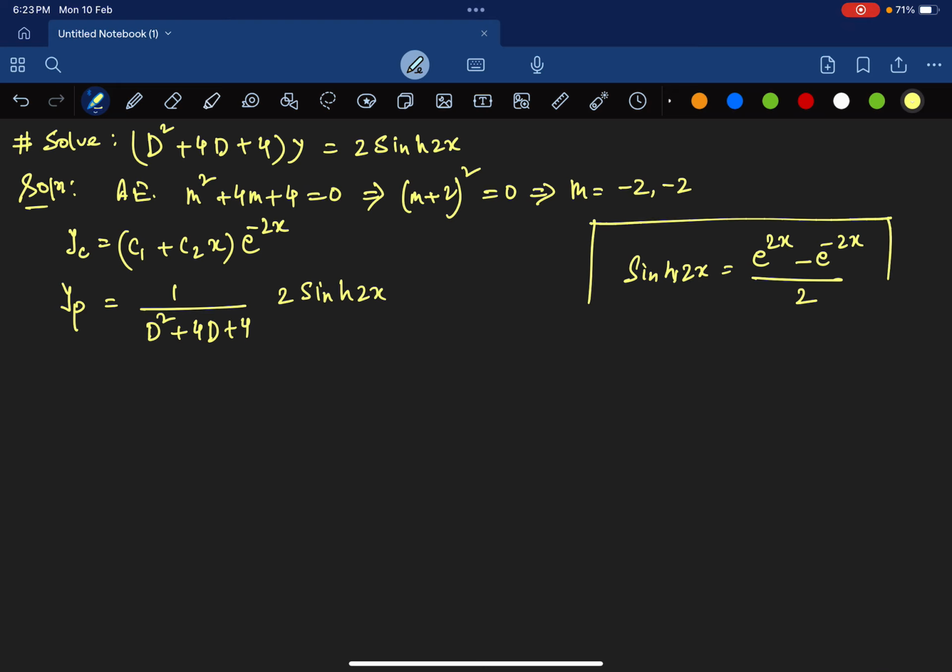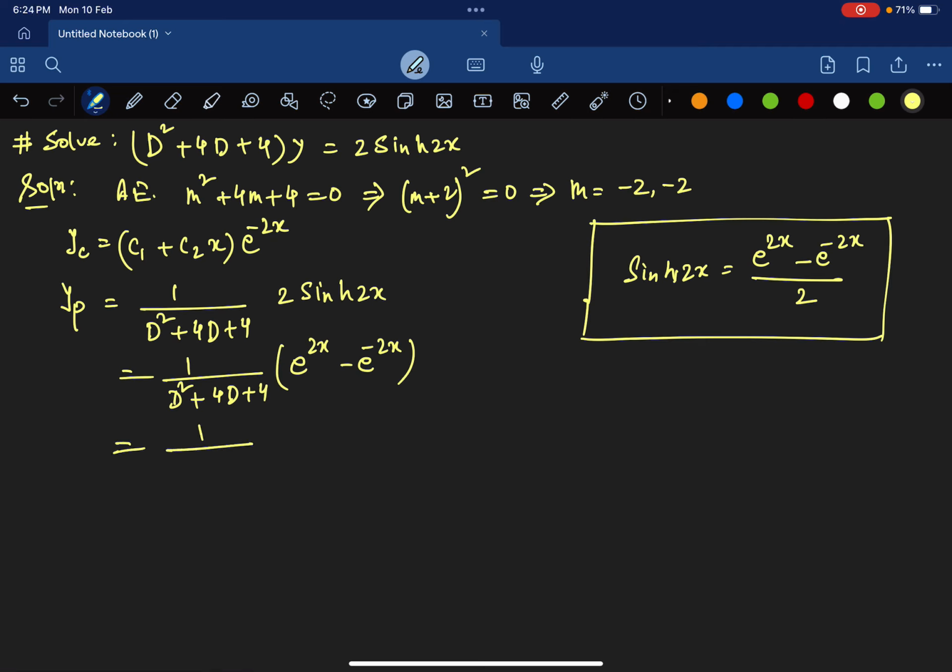This formula you should know. This is one standard formula of sine hyperbolic x. Now if you put this formula, immediately it becomes 1 by d square plus 4d plus 4, that is e power 2x minus e power minus 2x. See, you need to remember these formulas because hyperbolic functions you already had the idea. So these formulas are required.